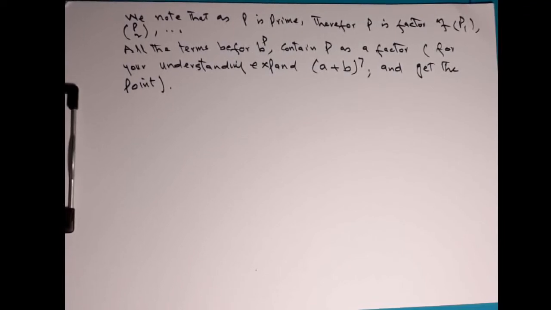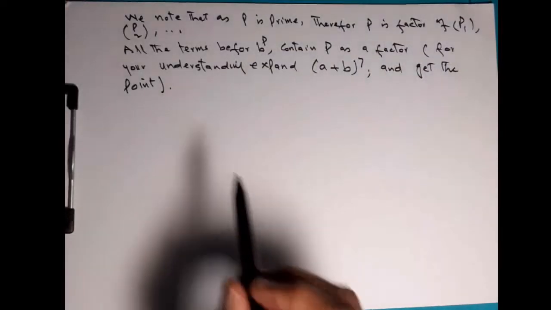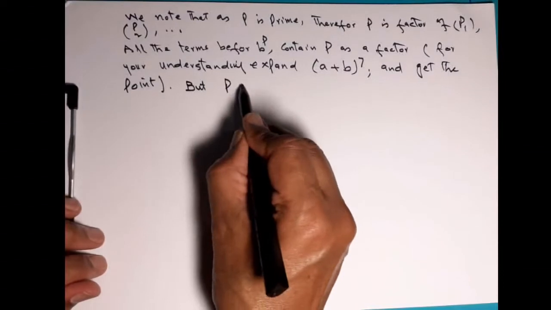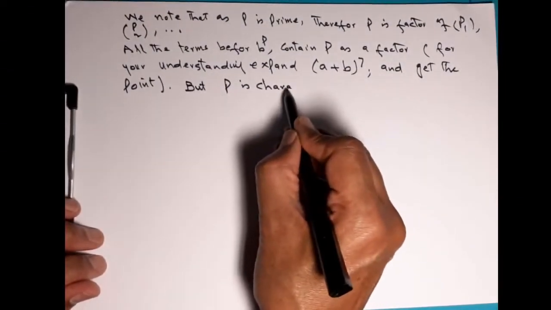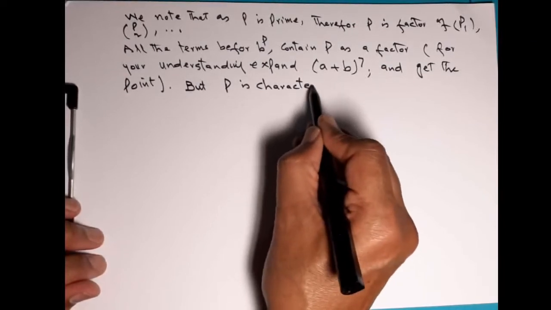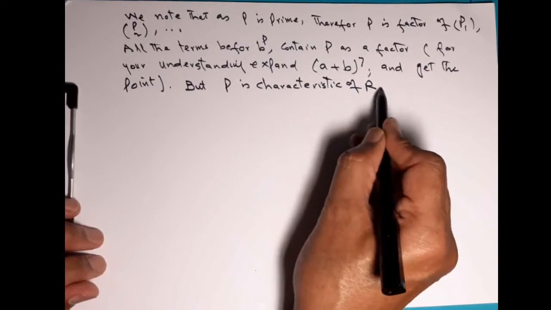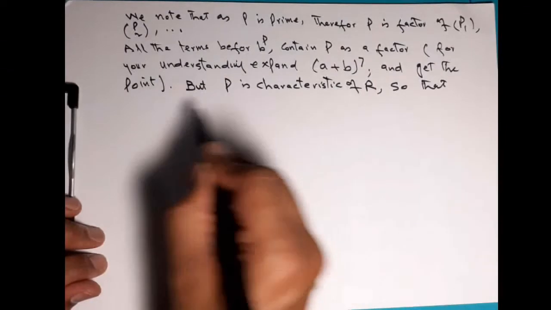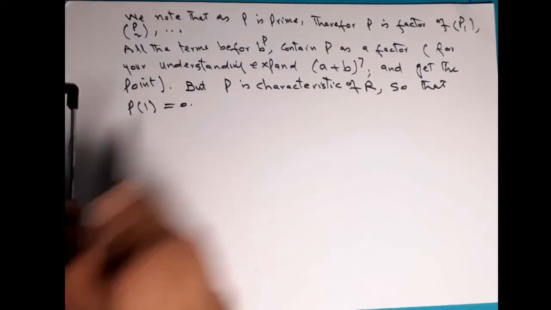Anyway, having said that, each of these terms is going to have P as a factor, but P is the characteristic of R, so that P multiplied with 1 is equal to 0.